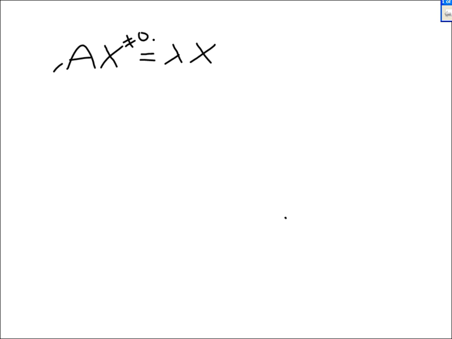So we'll start off with an easy one. Suppose A is a 2 by 2 matrix and it has all ones.